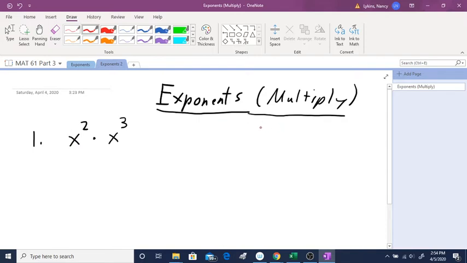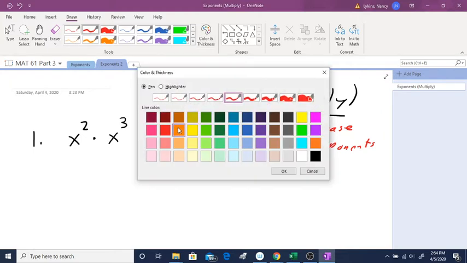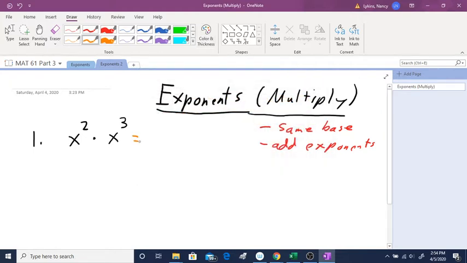So when you think of multiplying exponents, same base, you add the exponents. So the first one, x is the base. You add up the exponents, you get x to the fifth.